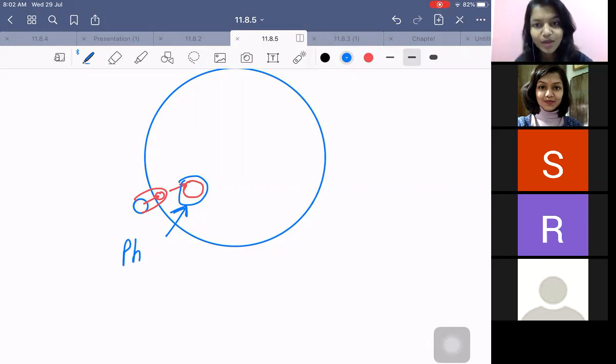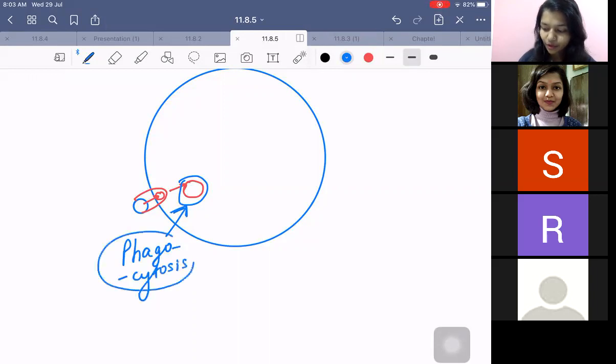Inside the cell, you have swallowed it. The process is phagocytosis. The vesicle which contains this food, what will you be calling it? Phagosome.